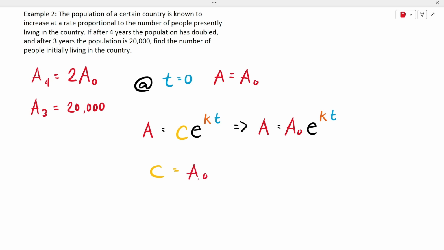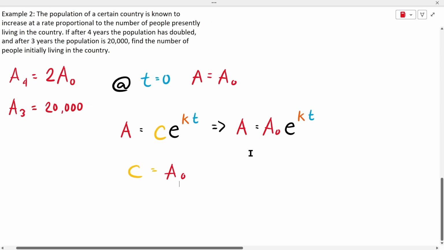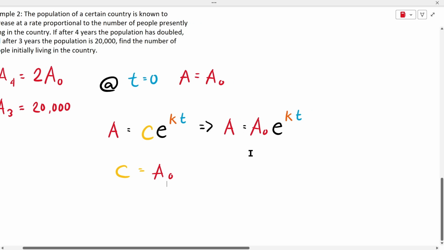So this will be our new equation or formula to be used in this example.